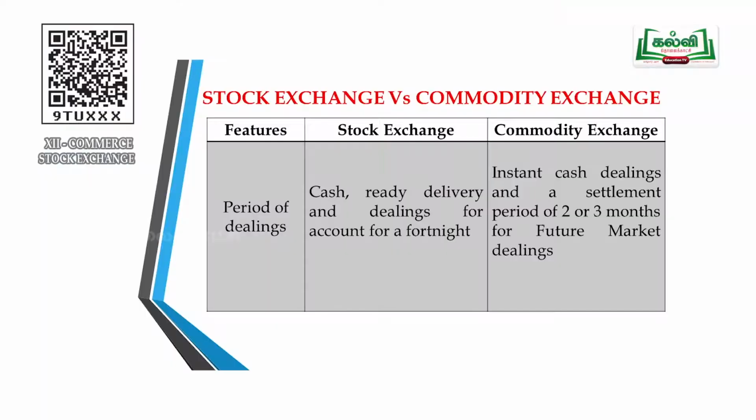In the stock exchange, cash dealing, ready delivery dealing, and dealing for the account for the fortnight. In the commodity exchange, instant cash dealings and the settlement period may be 2 or 3 months, or future dealings. Okay, this is the period of dealing in the commodity exchange.